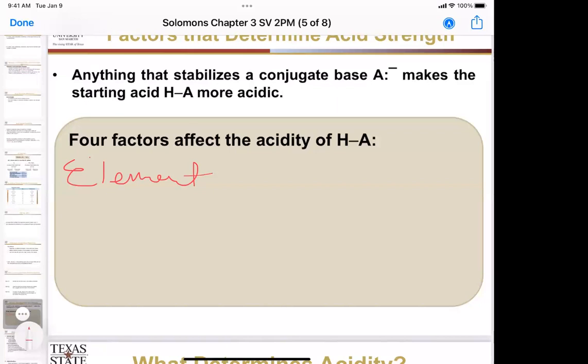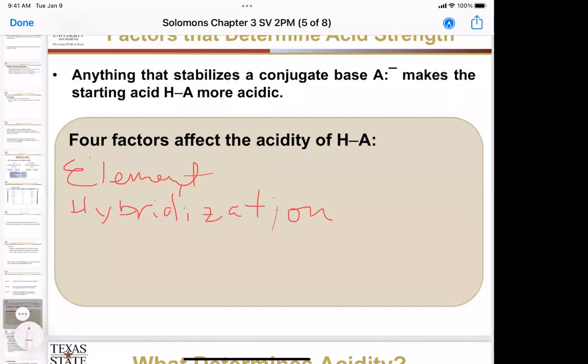The second thing is hybridization. The hybridization on carbon will change the acidity of the hydrogen attached to those carbons. We're going to see that in our trend table.